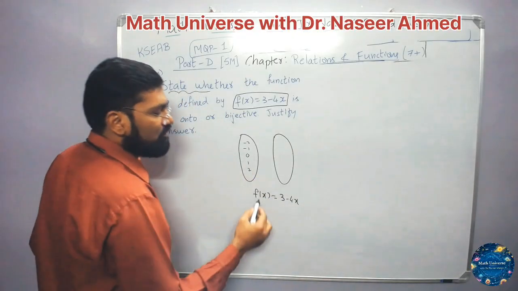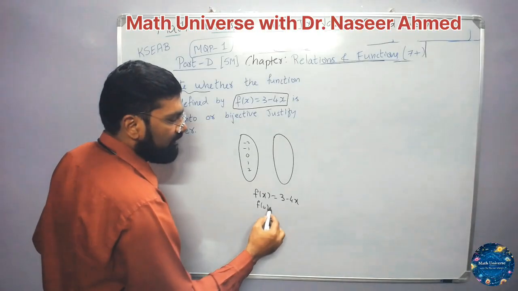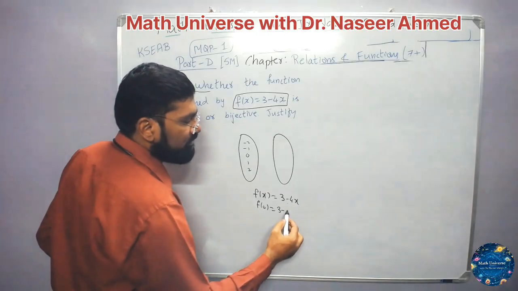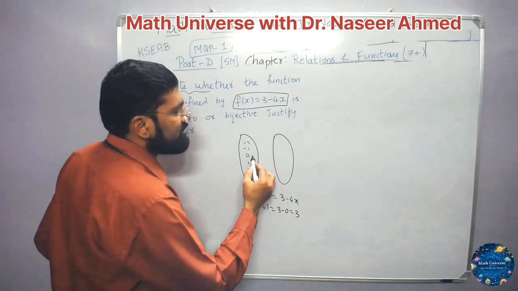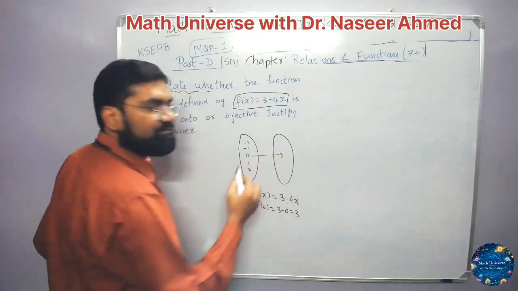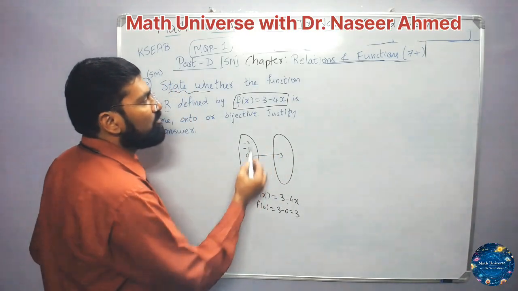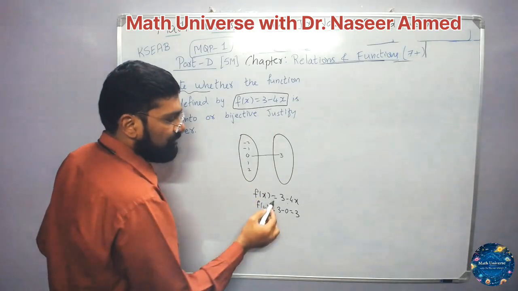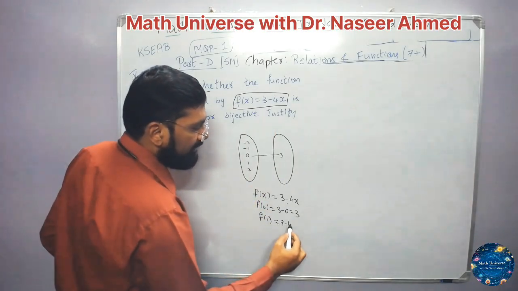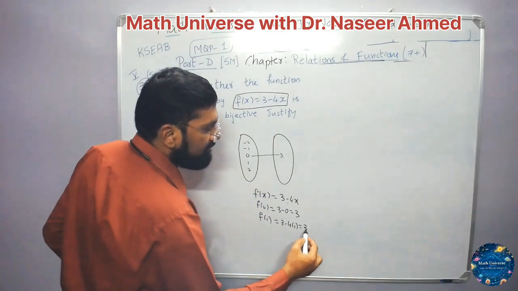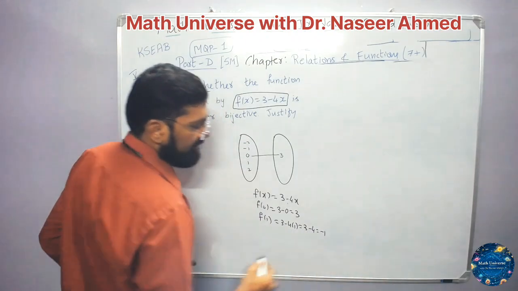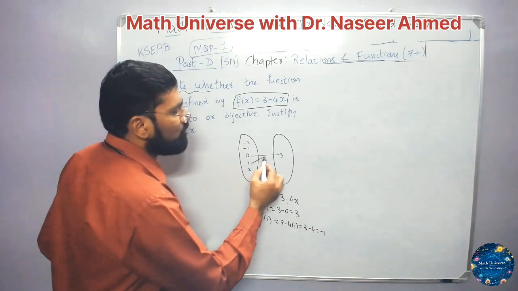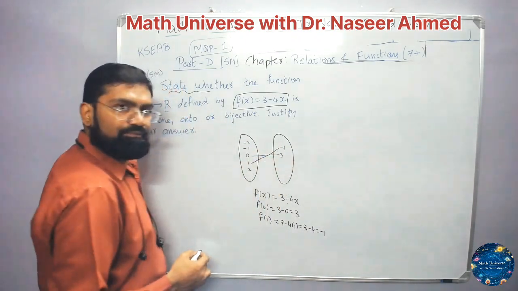When I put x is equal to 0 here, what will I get? 3 minus 4 into 0 is 0, I'll get 3. So 0 is mapped to 3. Okay. Now put x is equal to 1 here. What will you get? f of 1. What will I get? 3 minus 4 into 1. So I'll get 3 minus 4, nothing but -1. So 1 is mapped to a negative number somewhere here.